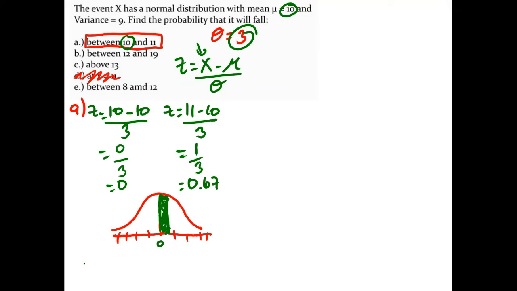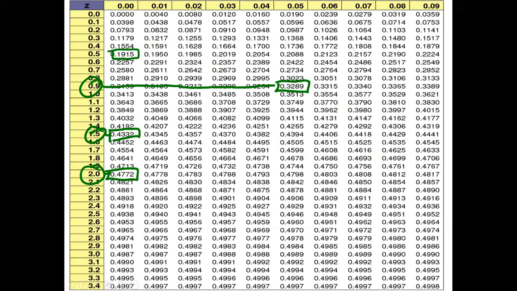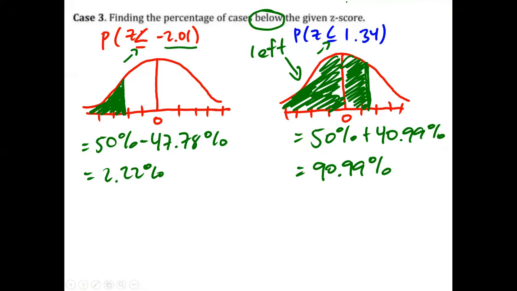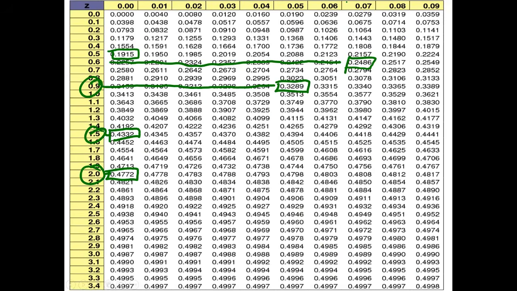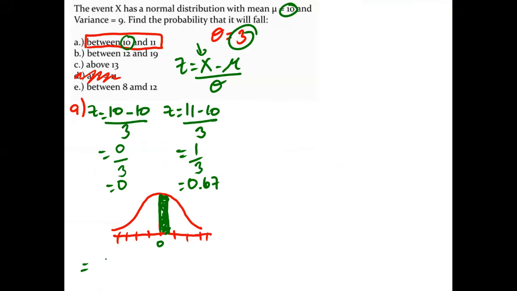Okay, 0.67 papunta sa 0.67, we have 24.86. So, of course, our answer lang is 24.86. So, ito yung case number 1 natin. Okay, so yan yung A.